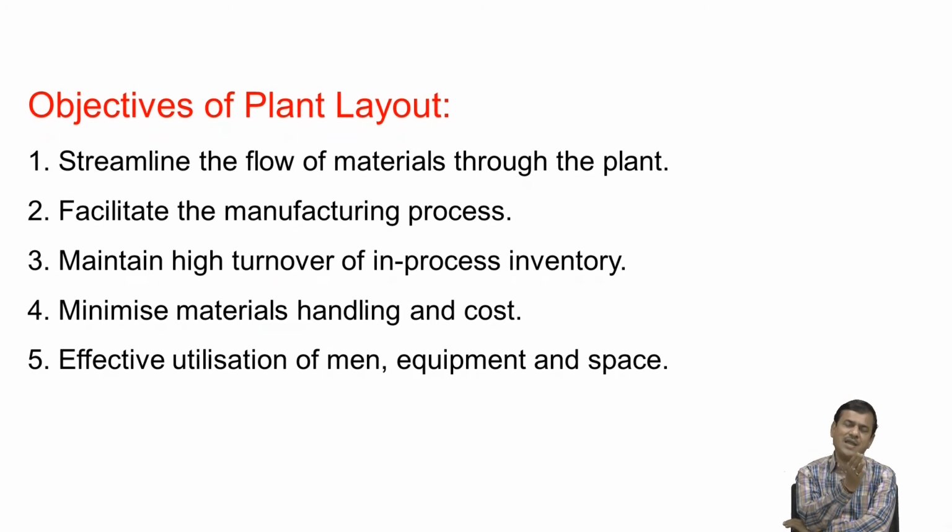If I am making an attempt at achieving higher quantity by sacrificing the quality, it is not advisable. If I am getting quantity and quality, but I am consuming more time, if my production unit consumes more time, then it is also not advisable. So there should be a close connection.